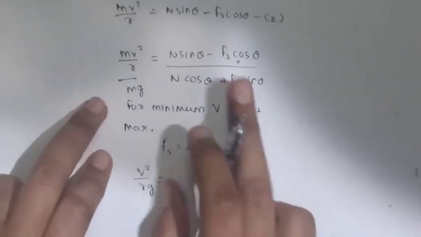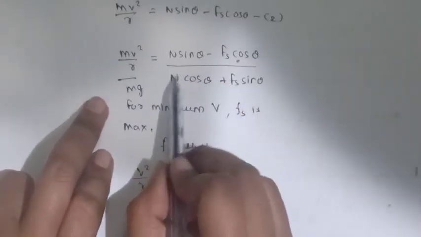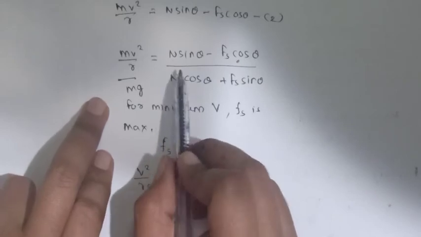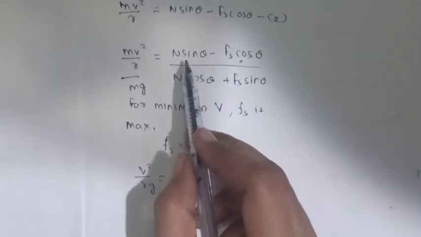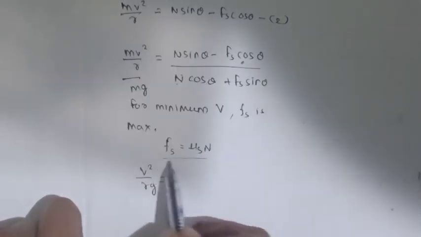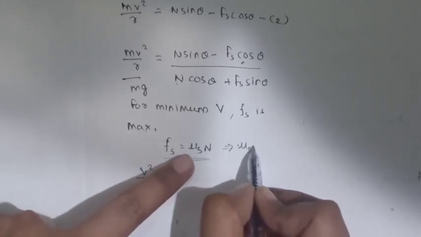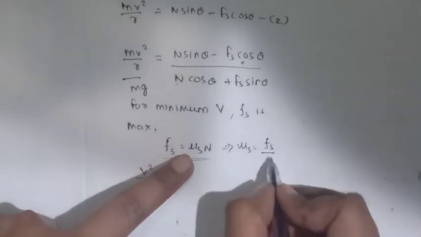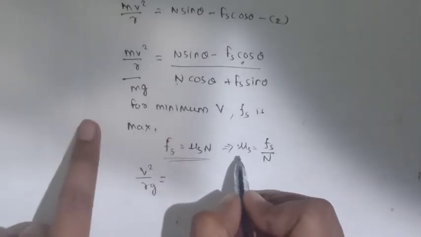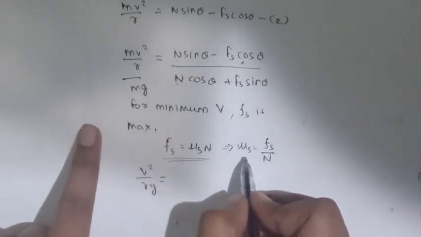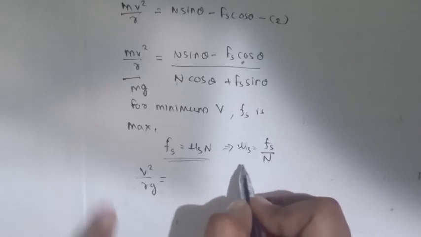Now from this you can take N common. How are you going to take N common and why are we taking that N common? From this equation you will get mu s equals Fs by N, because we know the coefficient of friction.